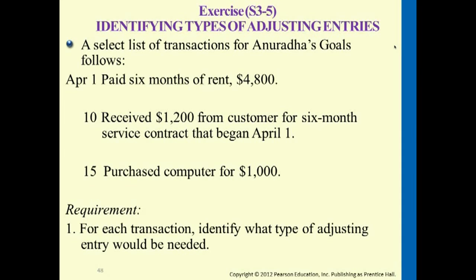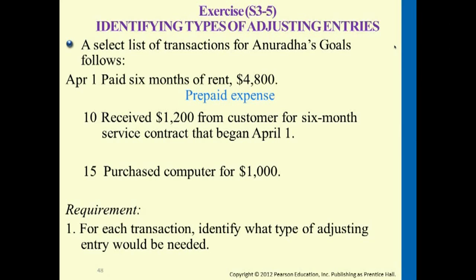Meaning if earlier, April 1st, we paid 6 months of rent, by the end of this month we will have to do rent expense, prepaid rent, so that will be under prepayments, right? Prepaid expenses, the first category of adjusting entries. That's correct.